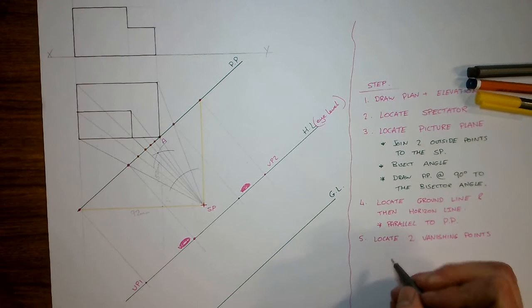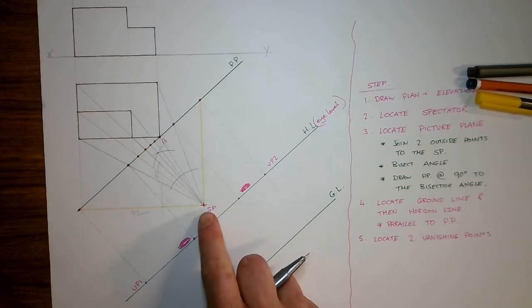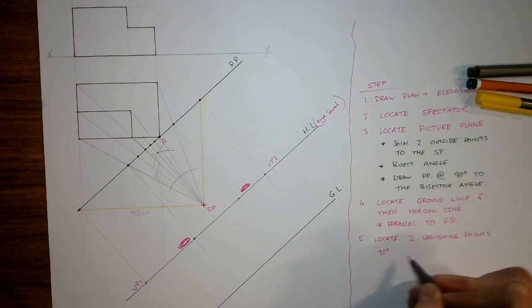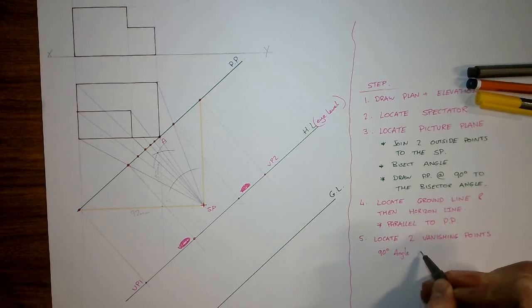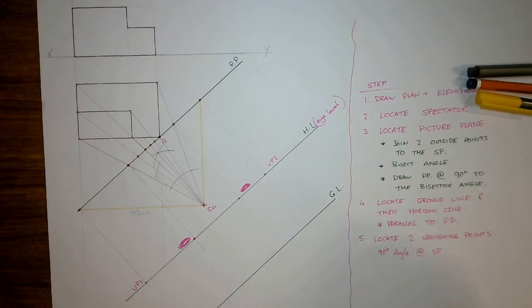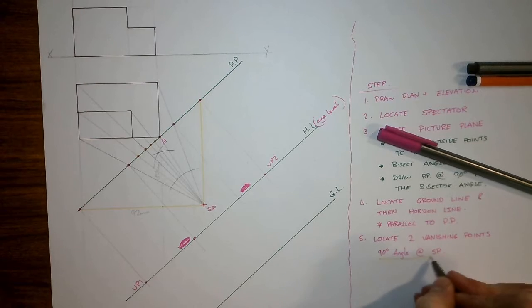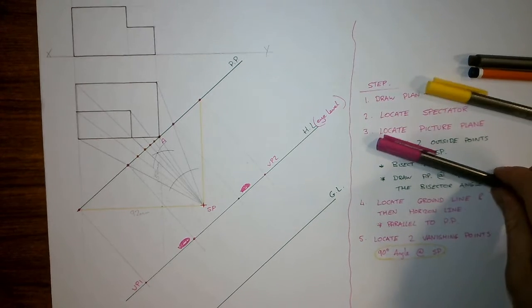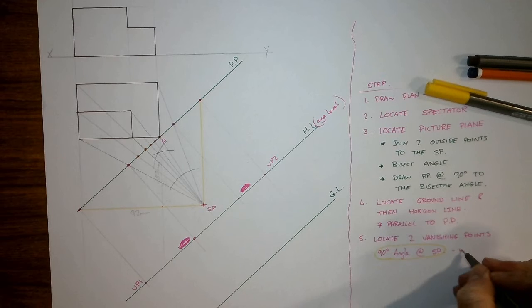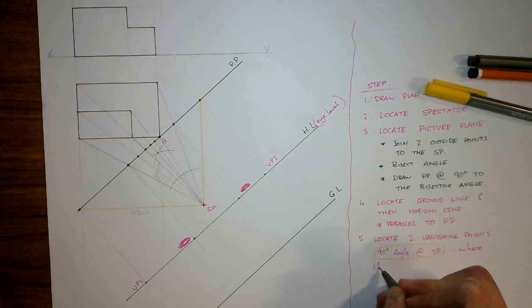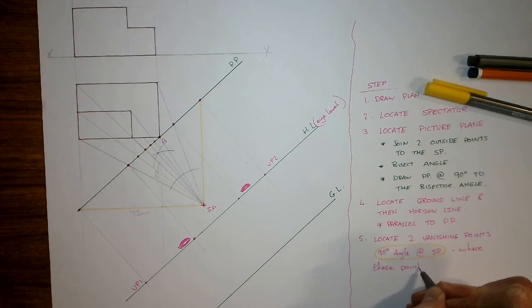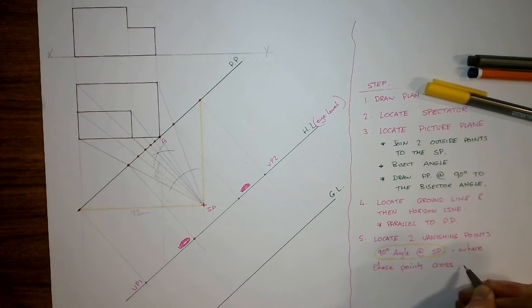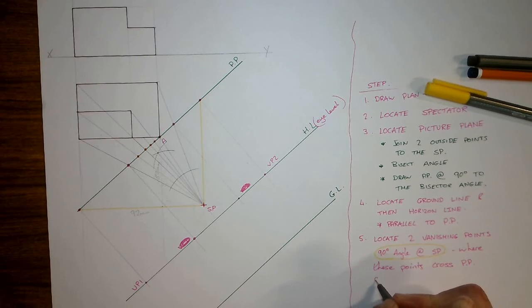Okay. So what we've done is we've basically made a 90-degree angle at the spectator point. Okay, in other words, they're my yellow lines. Okay. Where these points cross the picture plane, PP, it basically gives us our 2 vanishing points.